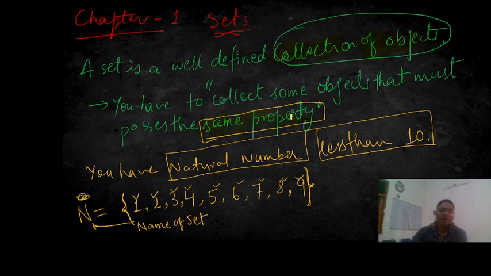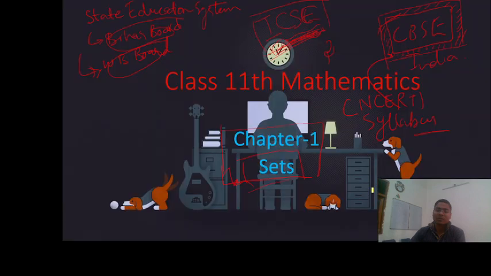What same property? Here, 1 is a natural number and 2 is also a natural number. These are all natural numbers, and 1 is less than 10 and 2 is also less than 10. So all these elements must have a common property, and once you collect those objects, they will be called a set.